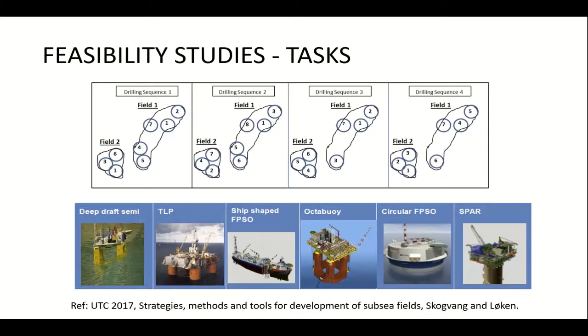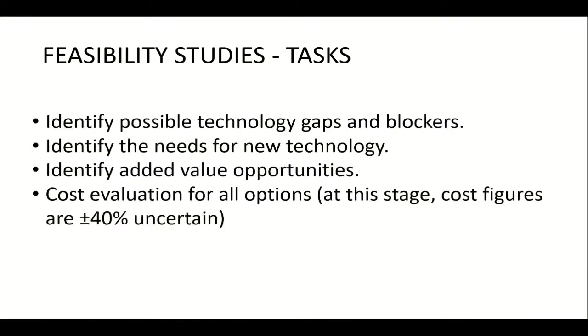Here is one example from a presentation made by Lundin Energy in 2017, and you see they already are coming up with how many wells I need in these two fields and what is the sequence I should drill these wells. I can try to start to look into possible offshore structures that I could use to develop the field.